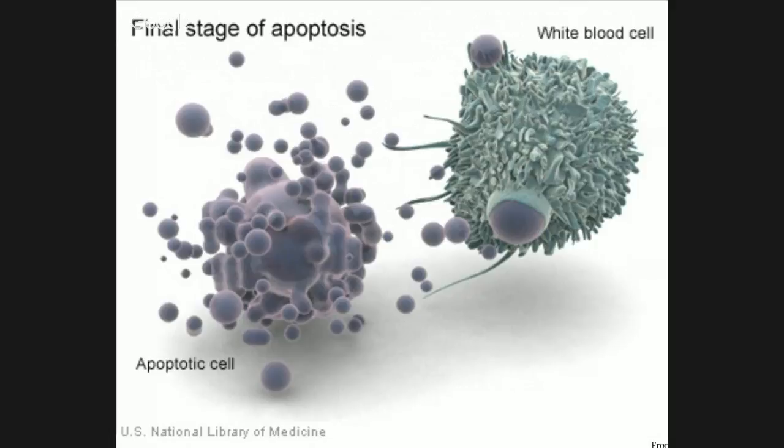There was a lab down the hall from the lab that I was working in when I was a graduate student that was studying apoptosis in the nervous system. In the nervous system during development, there are a lot of neurons present that you don't have when you're an adult. Okay? There are a lot of connections that are made early on, and then through your experience as a newborn, your brain sort of weeds out the neurons that it doesn't need.